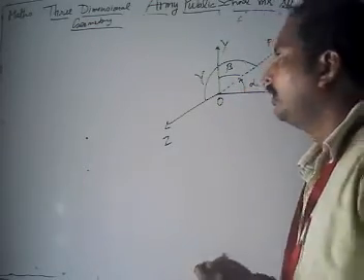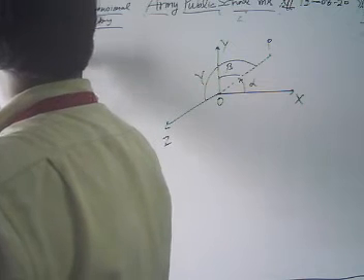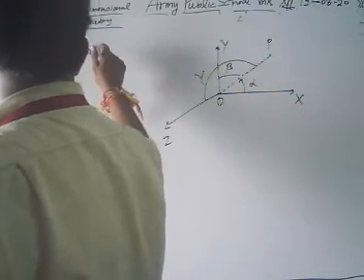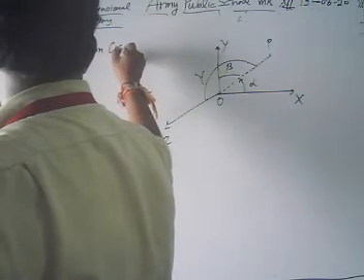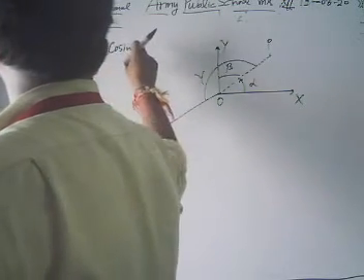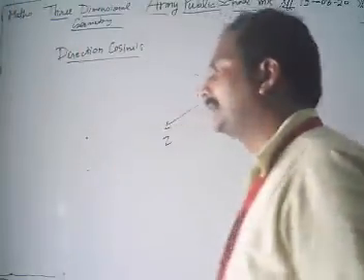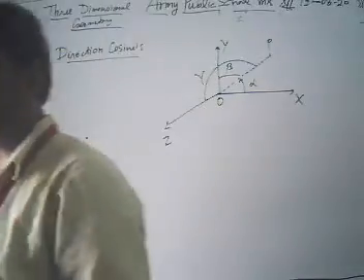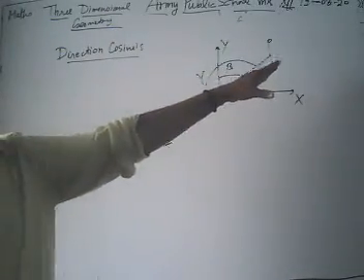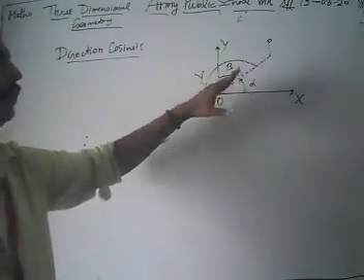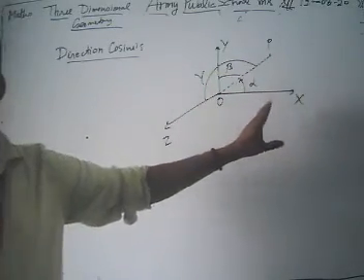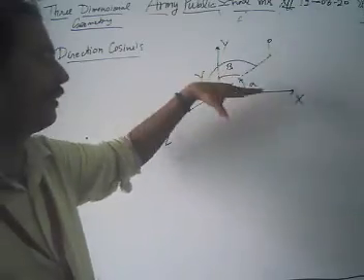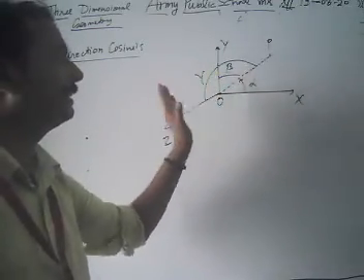Now we are going to define direction cosines. What is a direction cosine? When we have any point P in space, our directed vector OP makes angles alpha, beta and gamma with the x axis, y axis and z axis respectively.